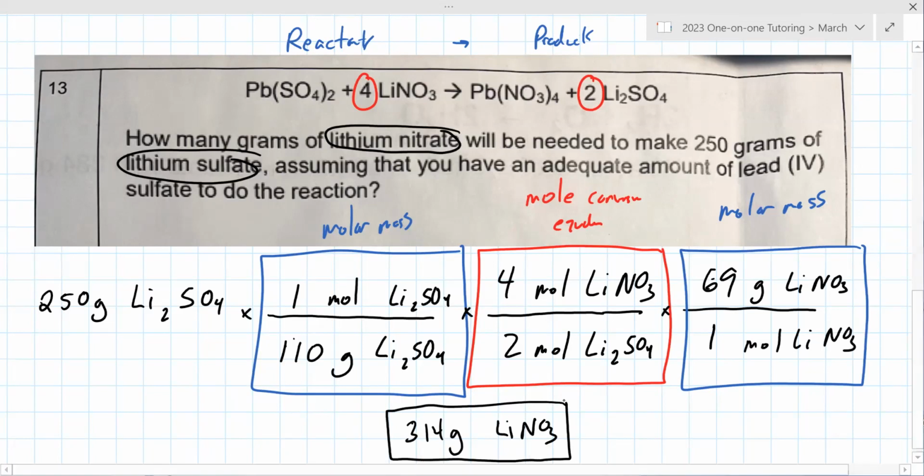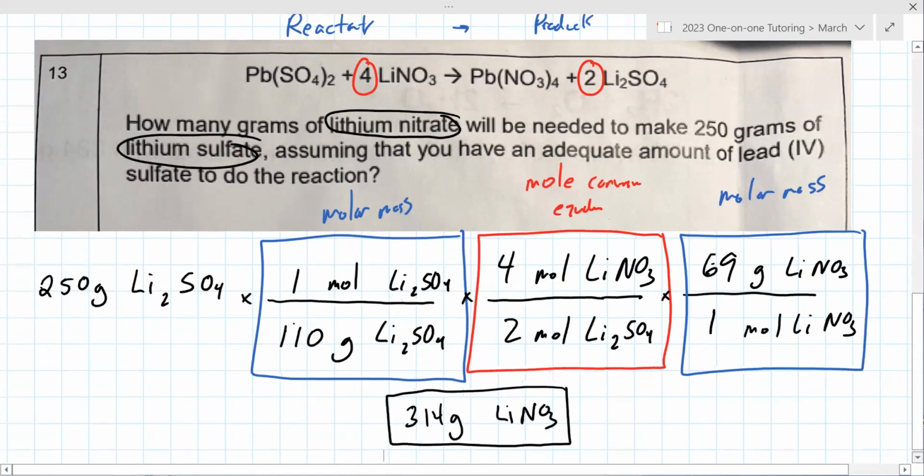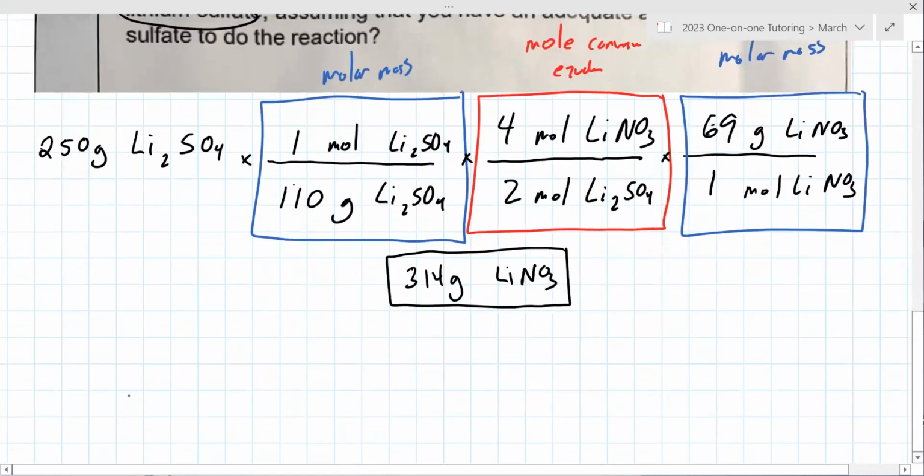Oh, I got 2.39 this time. So I'm guessing there's an issue with how you're putting it in your calculator. The way to do it is to multiply the top numbers, and then when you divide, you put parentheses. So it's 110 times 2 times 1. Oh, I see what I did.